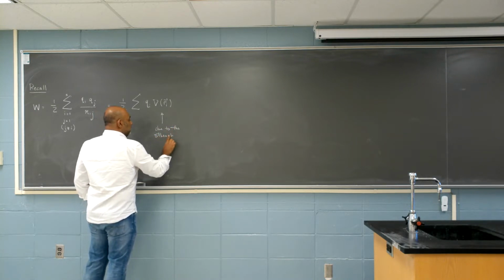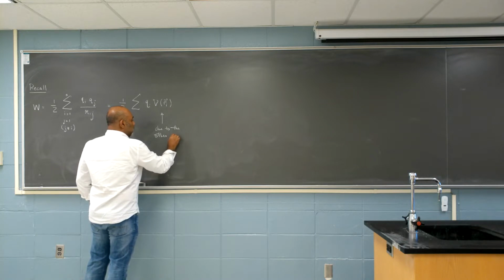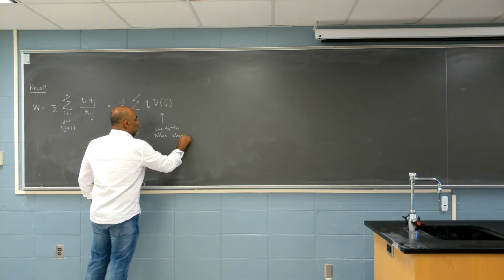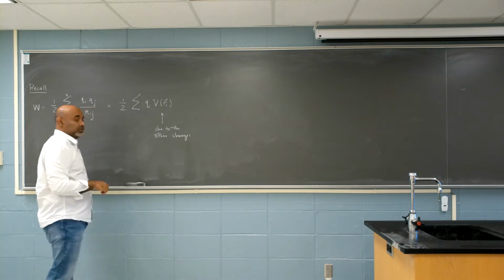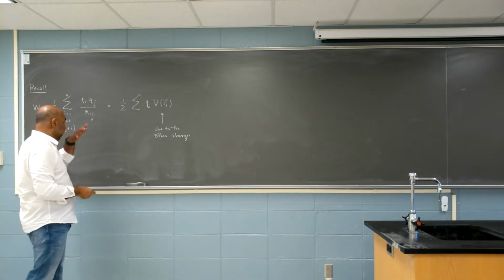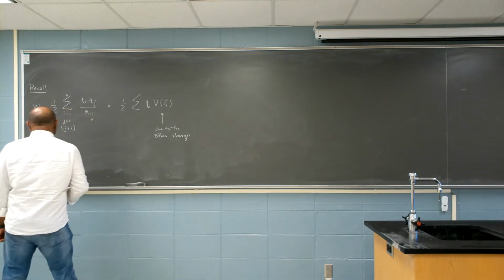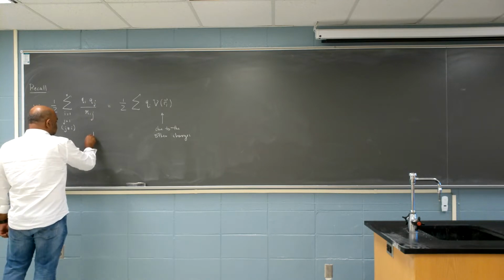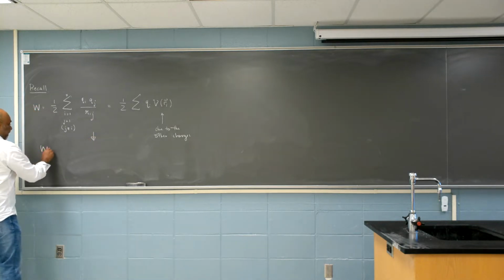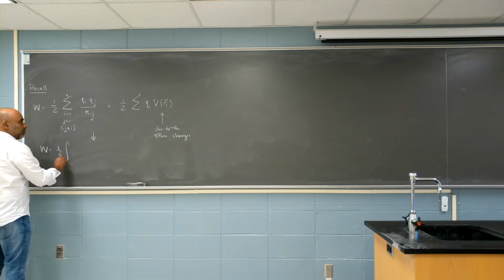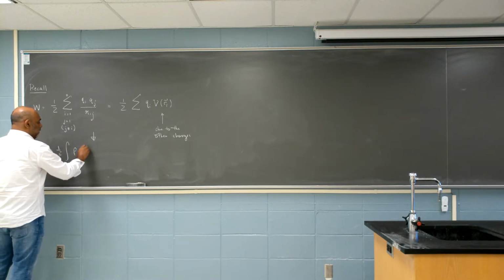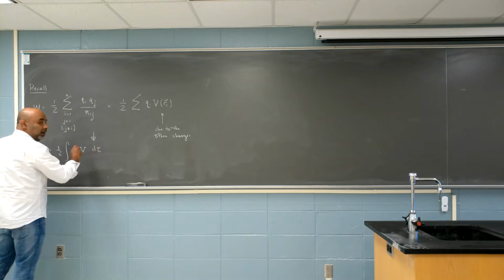And this is a feature I want to come back to and I'll show you how this becomes a problem. It's an easy thing to fix. And in the continuous case, these both give what? It becomes a rho V d tau.